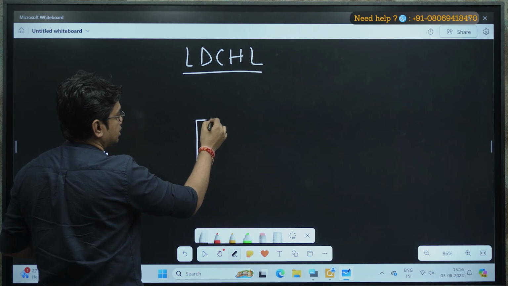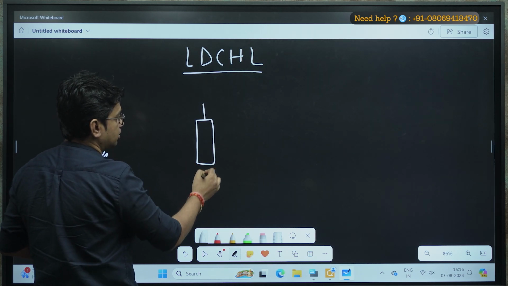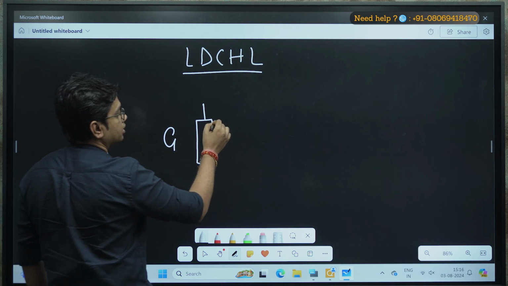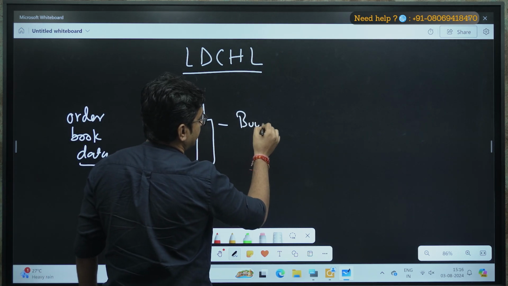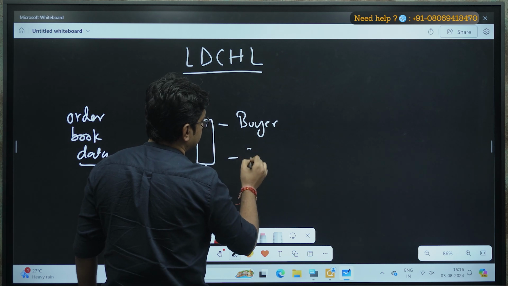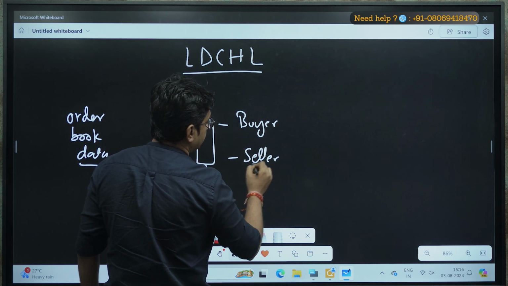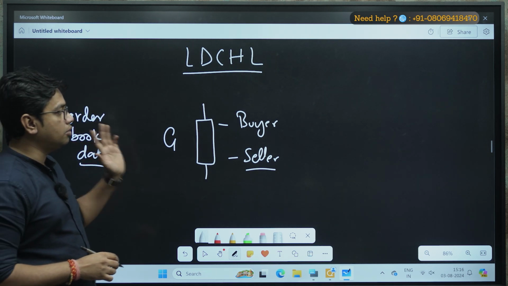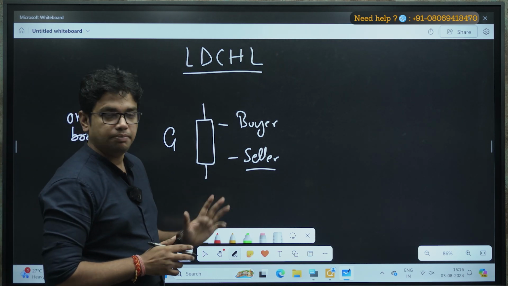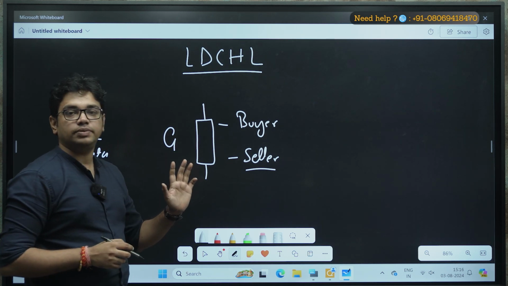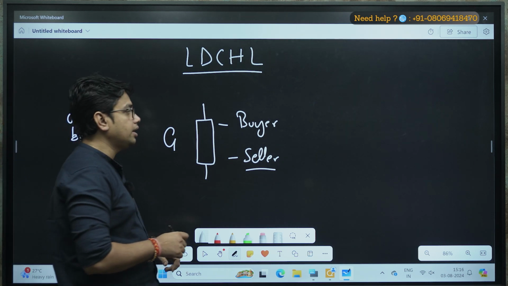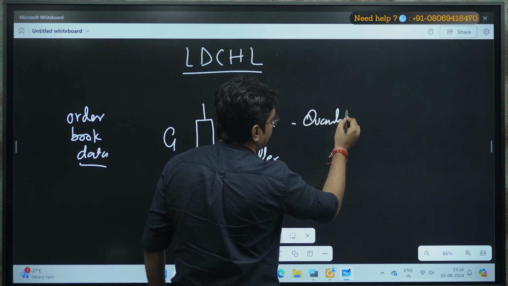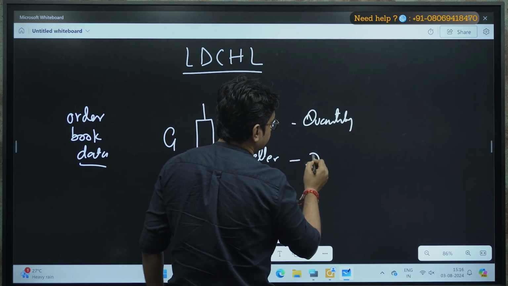In the order book data I can see the candle like this. If it is green, here I'll see buyers and I'll see sellers. So at any candle, I can see how much quantity has been initiated by the buyers and how much by the sellers, and according to the quantities I will check who is more dominant.